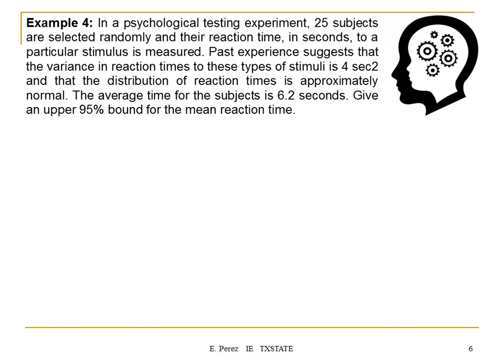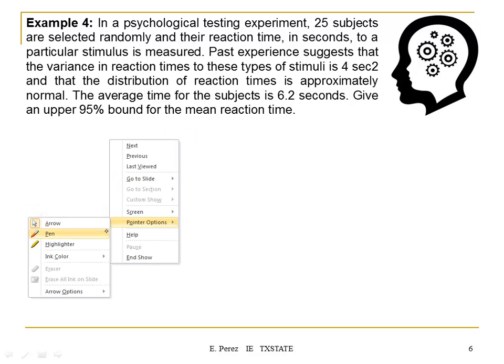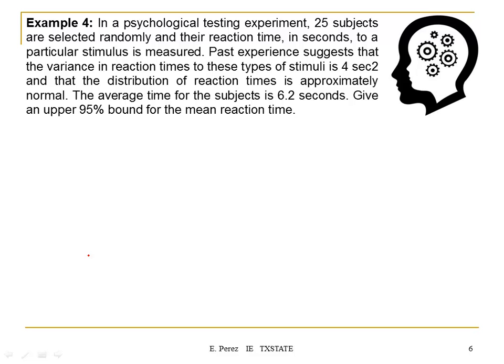So for example, in a psychological testing experiment, 25 subjects are selected randomly, and their reaction time in seconds to a particular stimulus is measured. Past experience suggests that the variance in reaction times to this stimulus is 4 seconds squared.